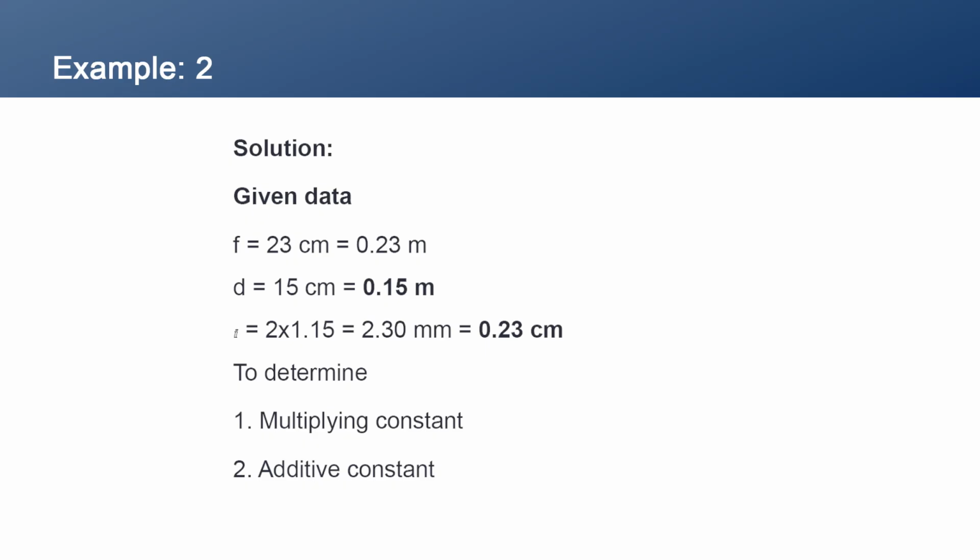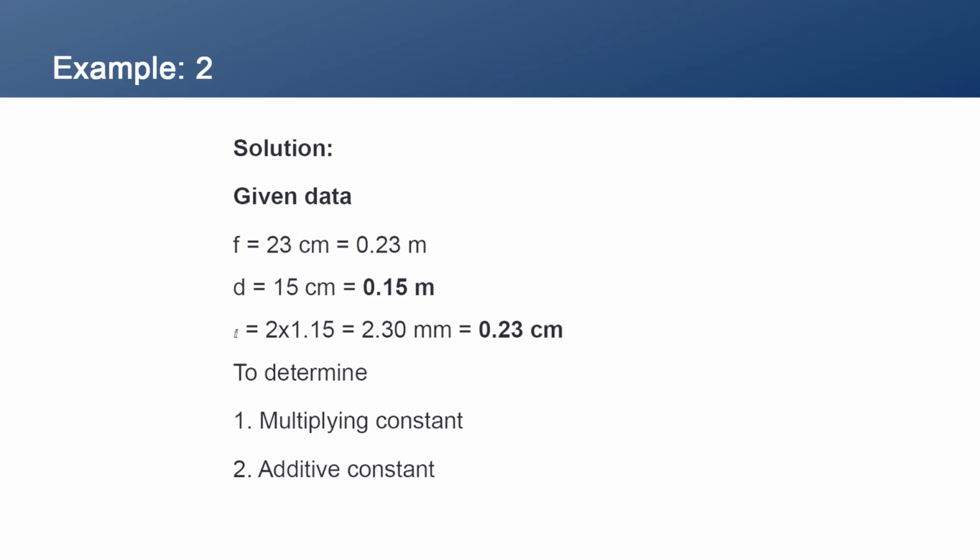Why 2 into 1.15? Because the distance between the crosshairs is 1.15, and the stadia interval is the distance between the outer stadia wires. So, it will be 2 times the distance between the crosshairs. That is why I is equal to 2 into 1.15, which is 2.30 millimeter or 0.23 centimeter.